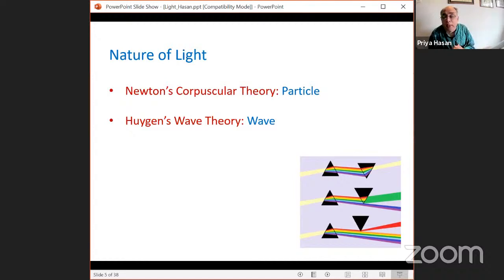While Newton explained it in 1666 by using prisms, and he showed that you can recombine white light, which breaks up into the spectrum, and then reunite it back into white light. So Newton strongly believed that there are particles which carry this information, and Huygens and others felt that light has wave properties.